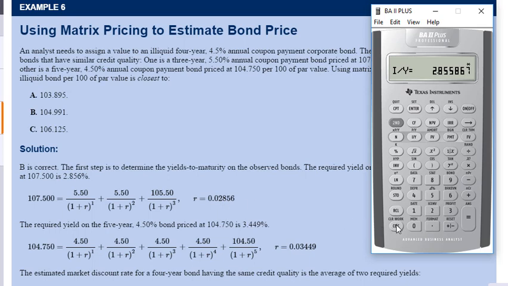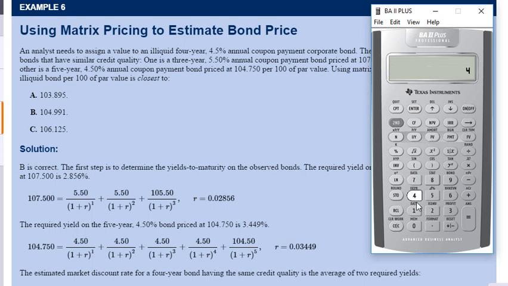So we did that on the first one. For the second one, we can see that it's a 4.5 priced at 104.75, and it's a 5-year. So we're going to do 5 N, and the present value is 104.75. Make that a negative for the present value.